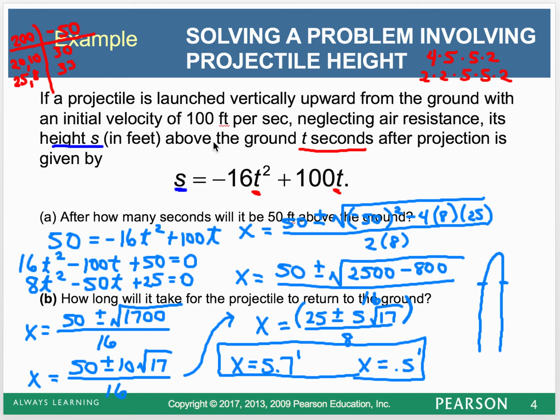We're looking for 100 feet per second, 5.7, that's not feet, that's seconds. Okay, so it took it a half a second to get right here, and then it traveled on, and in 5.7 seconds, it was falling, and it was at 50 feet again.